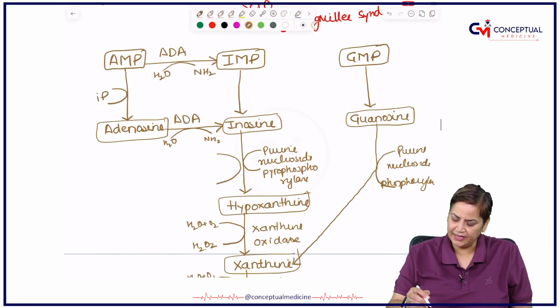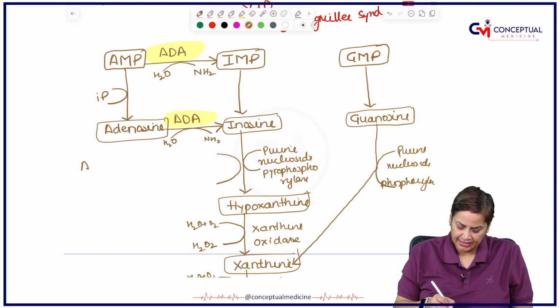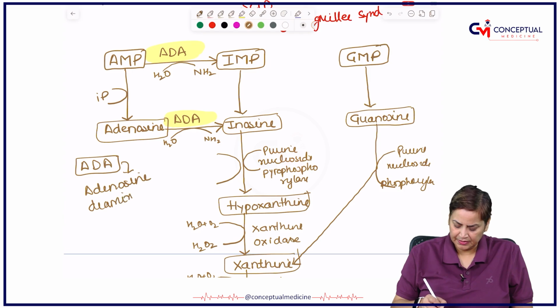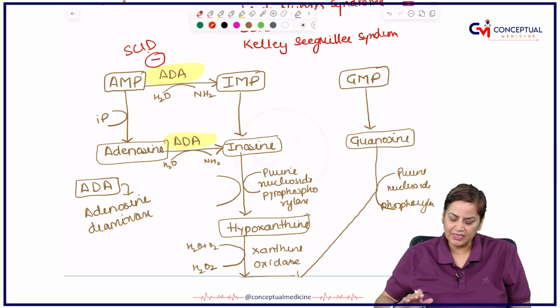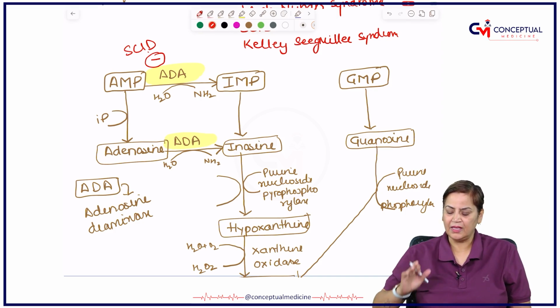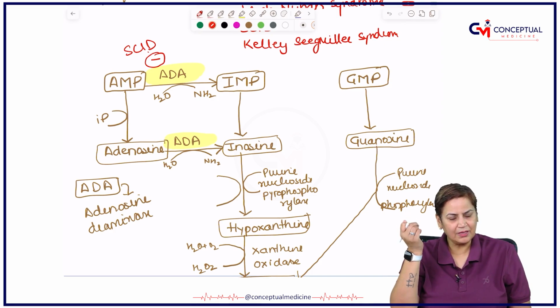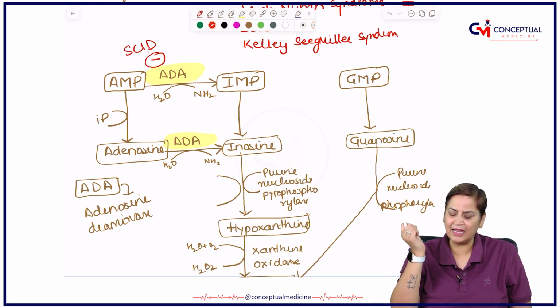Here you can see ADA, adenosine deaminase. Very, very important. It will lead to SCID. So this is all about the inborn errors of metabolism associated with purine catabolism.